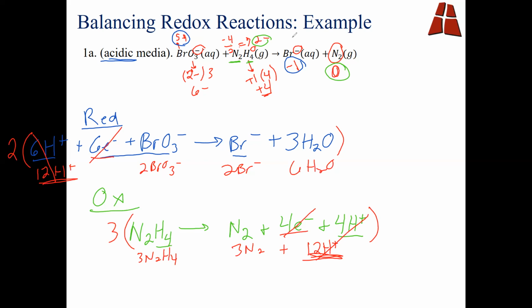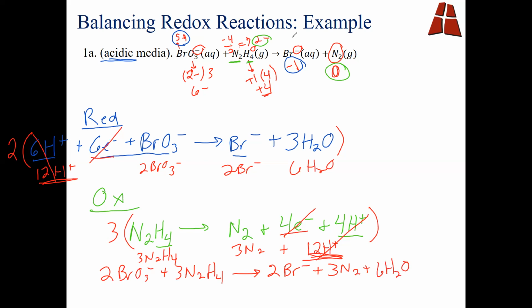We can combine things back together then. And so this final reaction, what our final answer should be, is 2BrO3- plus 3N2H4 yields 2Br- plus 3N2 plus 6H2O.